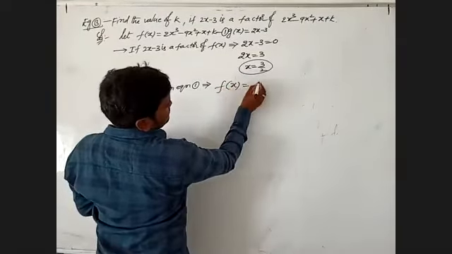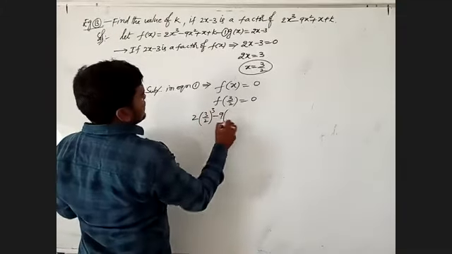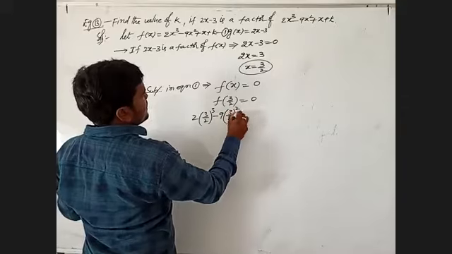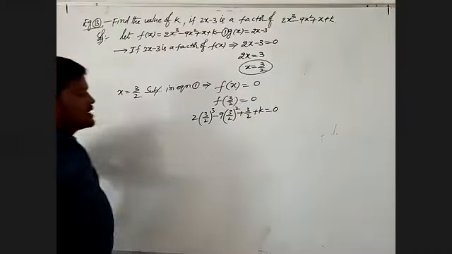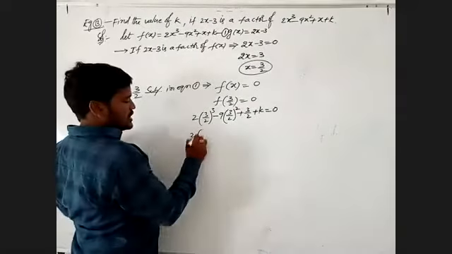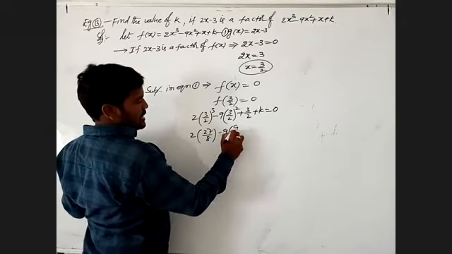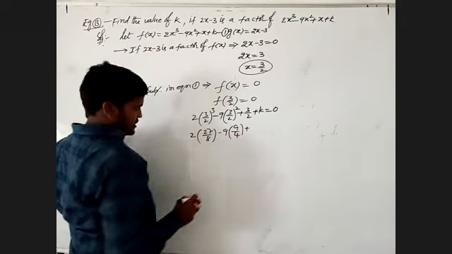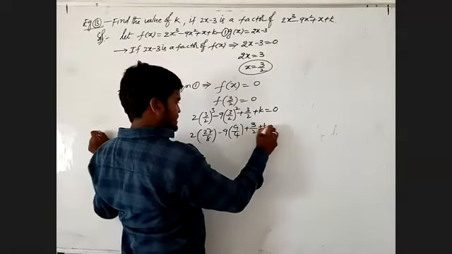I have to substitute x as 3 by 2 and I will write 2 into 3 by 2 whole cube minus 9 into 3 by 2 whole square plus 3 by 2 plus k is equal to 0. That means 2 into 3 cube is 27, 2 cube is 8, 9 into 9 by 4, plus 3 by 2 plus k is equal to 0.